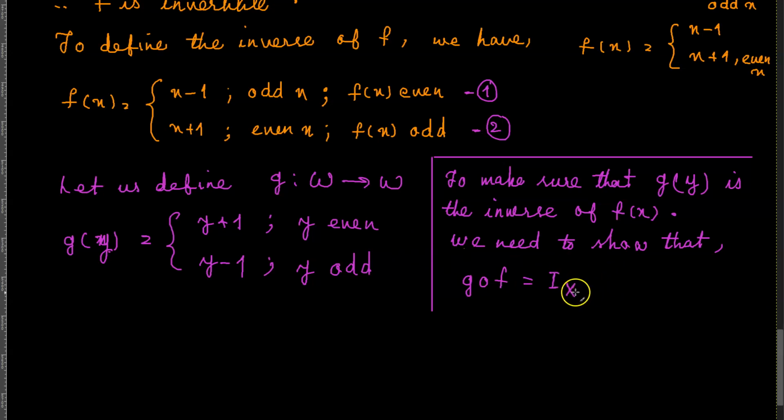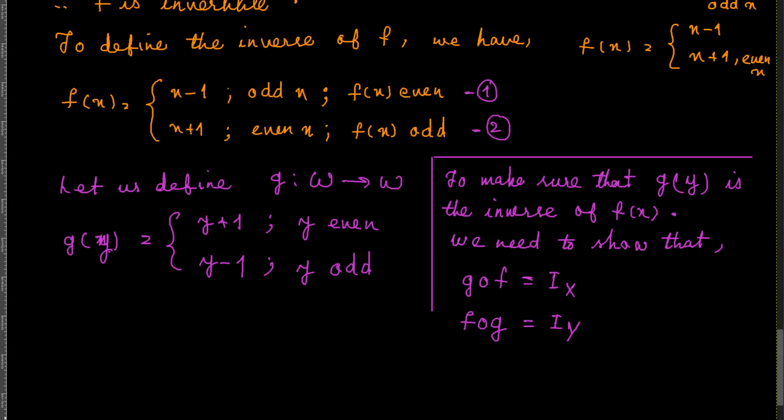X denotes the domain of f, and f∘g is supposed to be the identity function on the codomain of f, right?